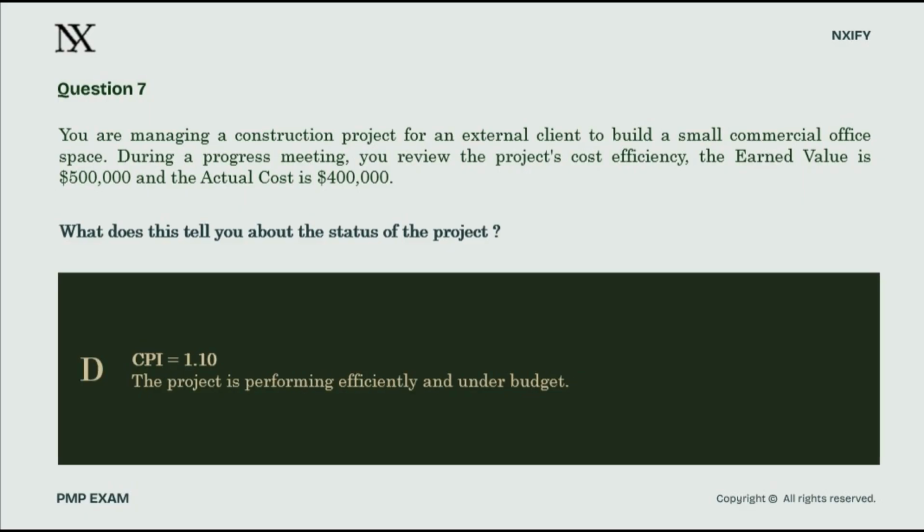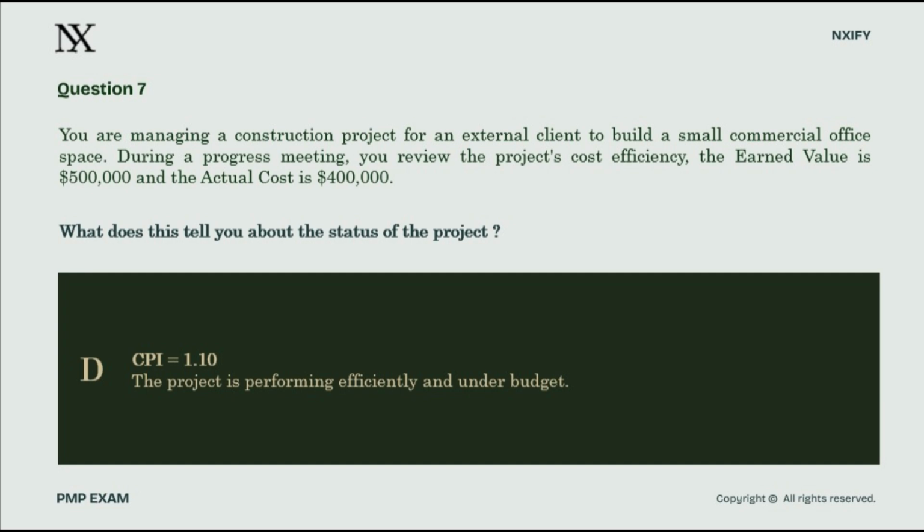Option D says CPI equals 1.1, and the project is under budget. Greater than 1.0, under budget. The logic is right. And if this were a different scenario with different inputs, 1.1 might be exactly correct. But with $500,000 of earned value and $400,000 of actual cost, the math does not land at 1.1.